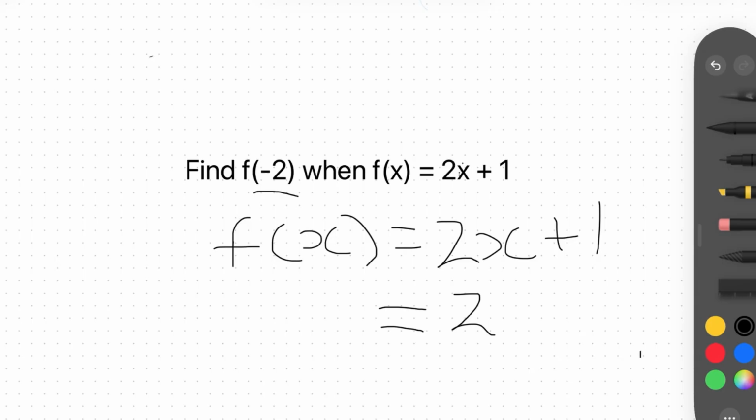So now we begin to substitute, which is basically changing all the x's to the numbers that we've been given. So this would be 2 times -2 plus 1. And you're already 96% of the way. Now all you have to do is calculate.